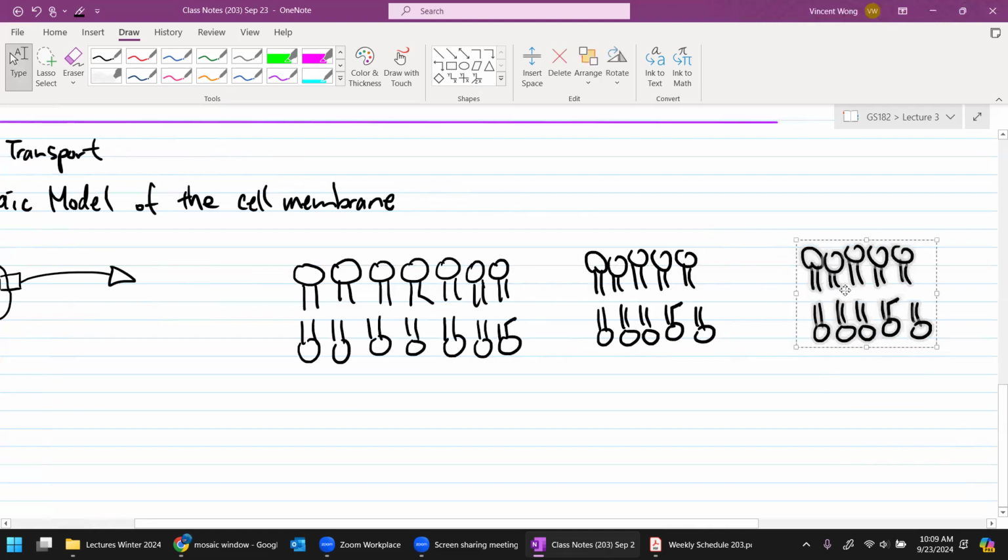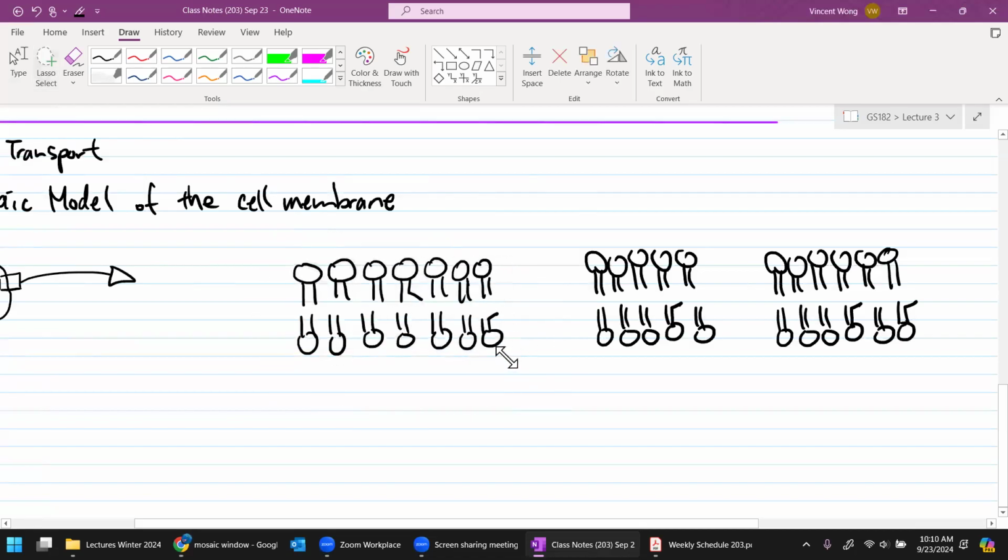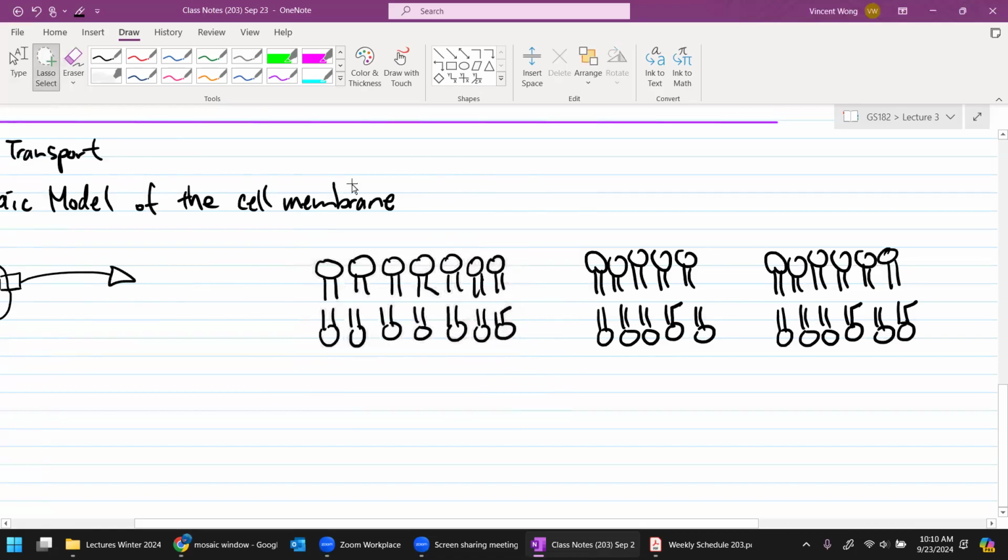And then that's pretty much it, okay, for now. And so I'll give you a moment to draw that. So this is called a phospholipid bilayer.